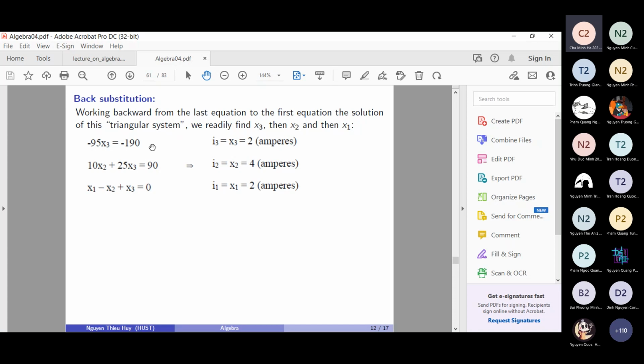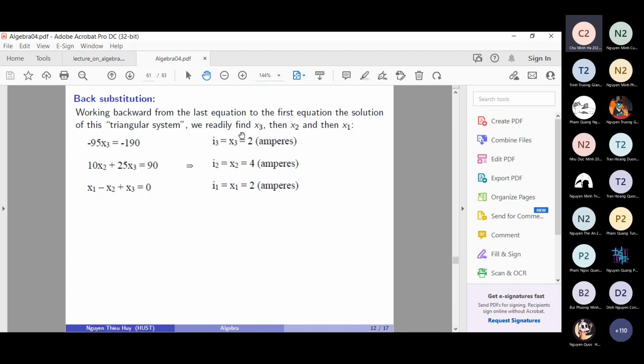Actually what we do is this way. Let's start with the last one, the easiest one, to obtain x3, and this is i3 as we put before, and we obtain 2 ampere, because the unit of the current is ampere. Then substituting x3 equal 2 here, you obtain x2 equal 4 ampere, and substituting x2 and x3 here, you obtain x1, which is 2.